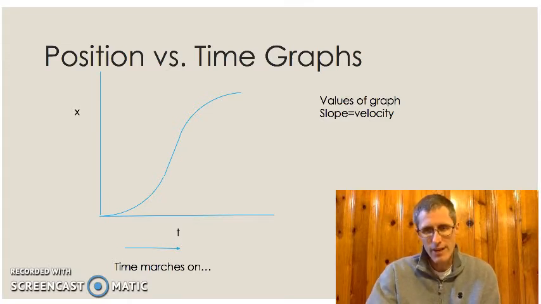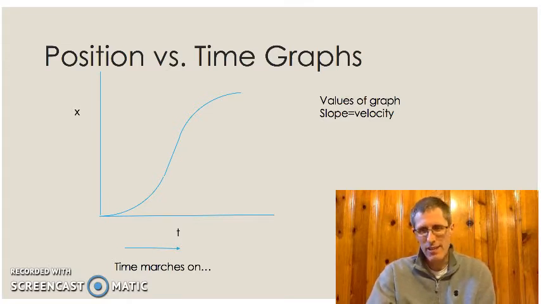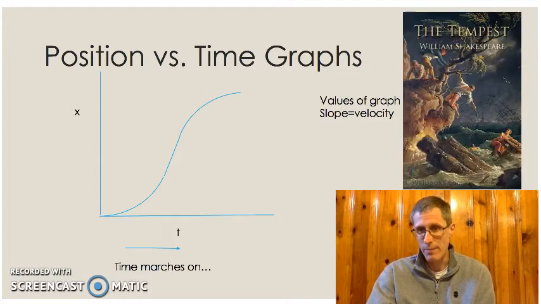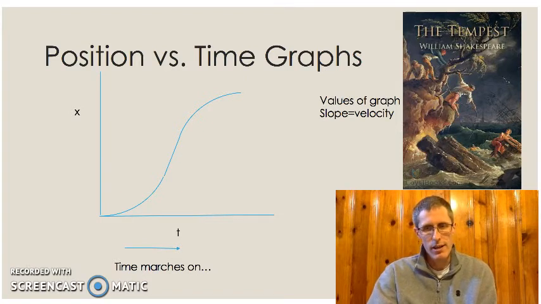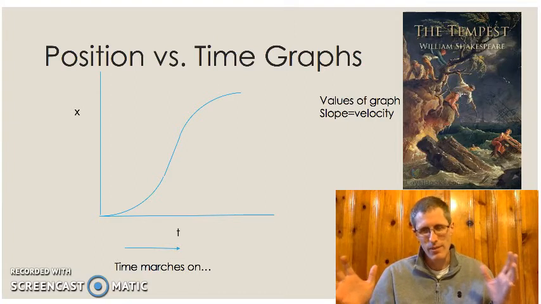And figuring this out is a lot like analyzing a rather challenging piece of literature like Shakespeare's The Tempest. You read it the first time through, and maybe your first questions are, what is going on here? What is the plot? Who are these characters? I'm confused. And you try to just get a general handle on what's going on.